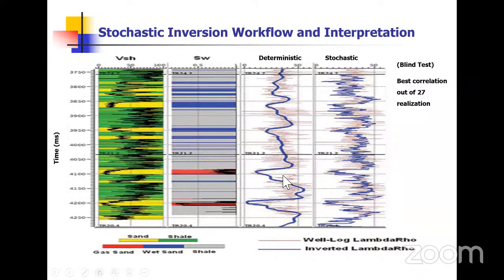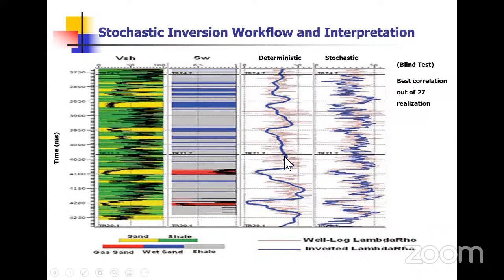So again, what we're trying to show here is how the result of your stochastic compares with the well, and how the result of your deterministic compares with the well. In the track where I call it deterministic, the blue is coming from the inversion. The light red is coming from your model, this lambda rho.